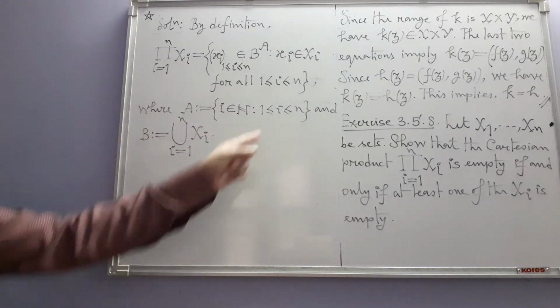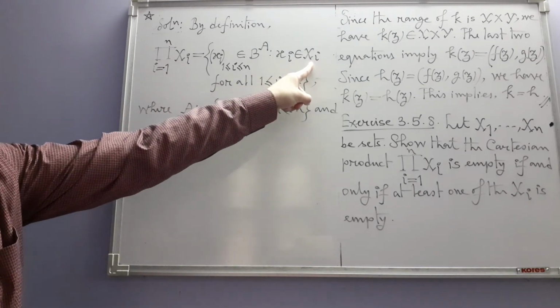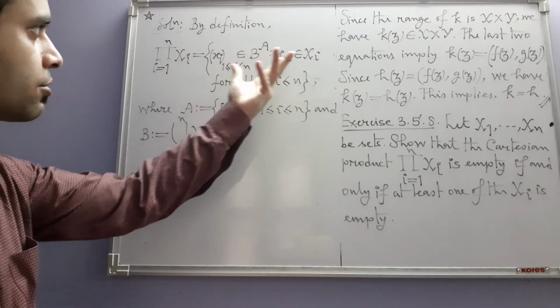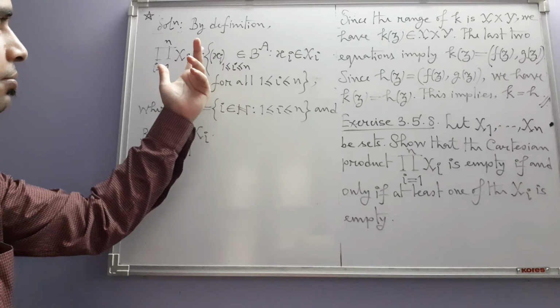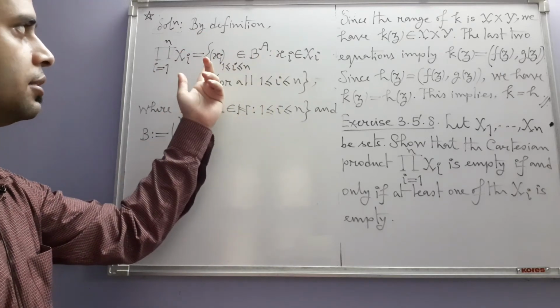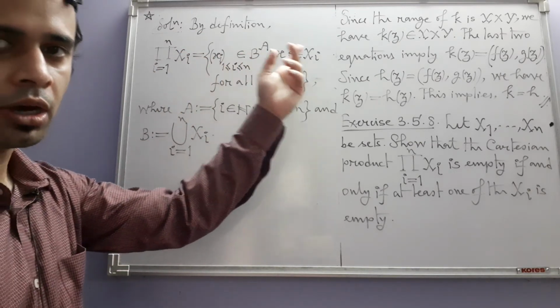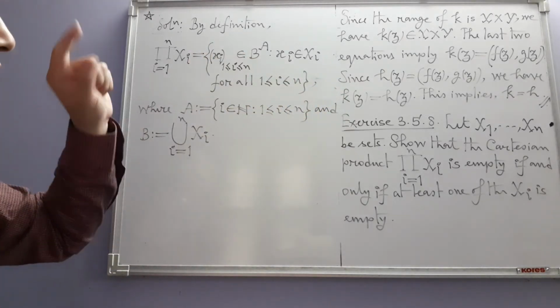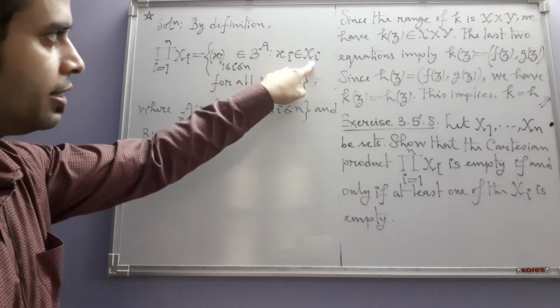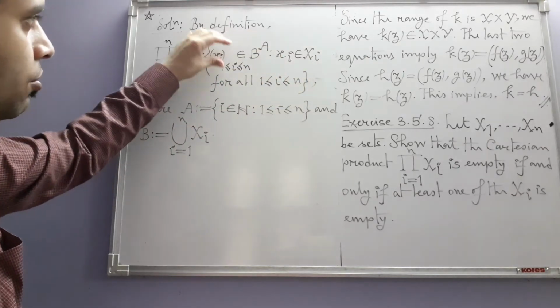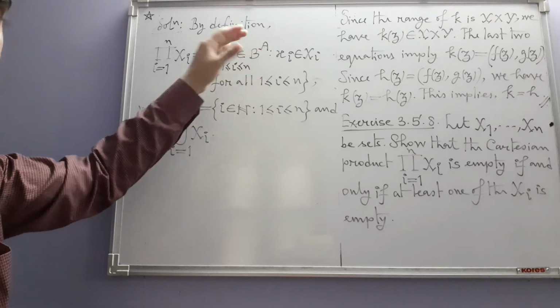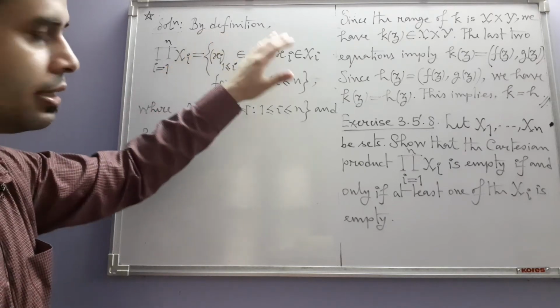So you can see that if at least one of these sets is empty, then the condition that the ith component of the n-tuple belongs to that set will not be satisfied for any n-tuple. So if at least one Xi is empty, then no n-tuple satisfies the conditions for belonging to this set, so the set is empty.